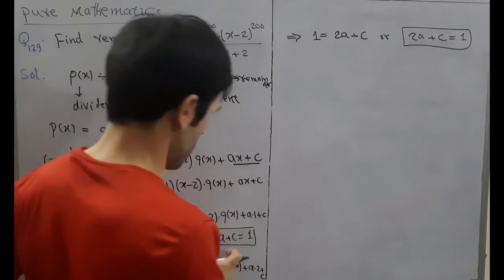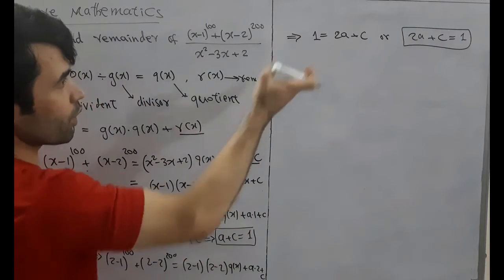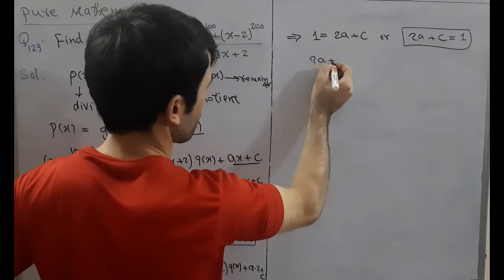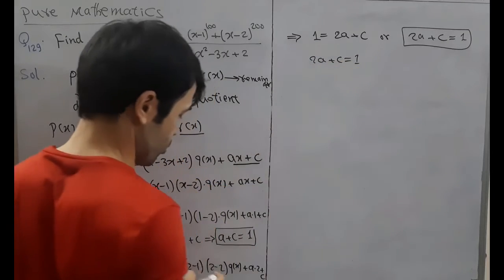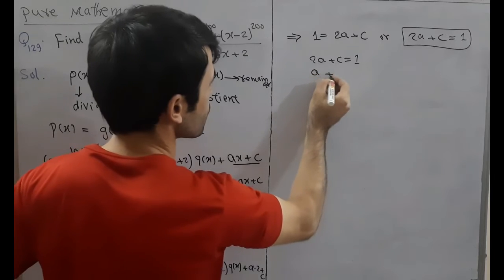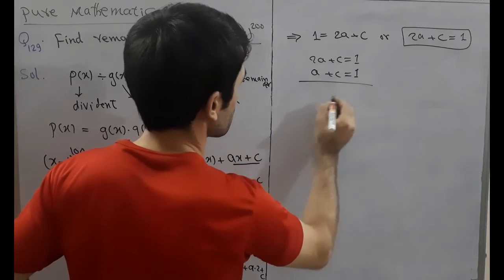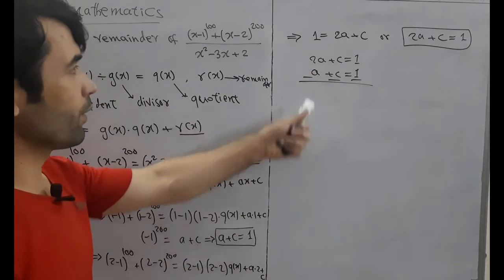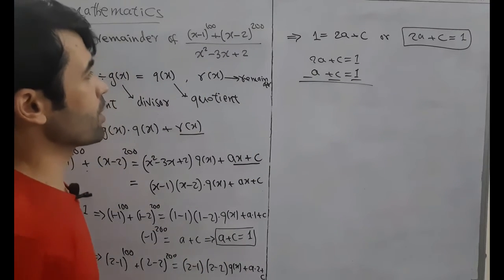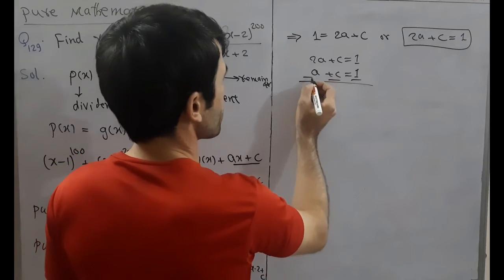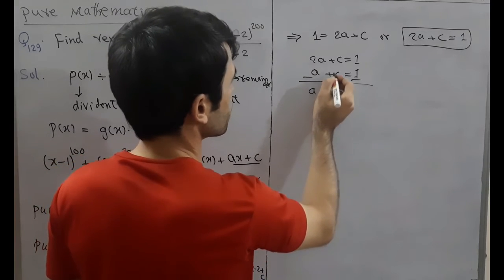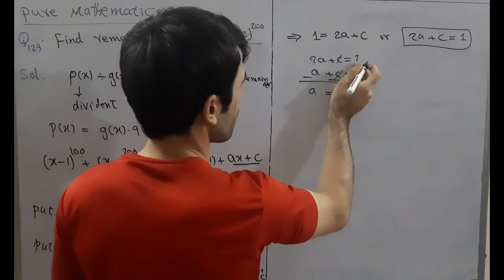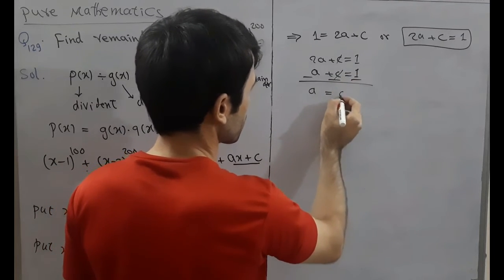Now we got two equations, we make it a system: 2a plus c is equal to 1, and a plus c is equal to 1. We subtract these two equations, we want to find the value of a and c. 2a minus a is equal to a, plus c minus c cancelled, and 1 minus 1 is equal to 0.